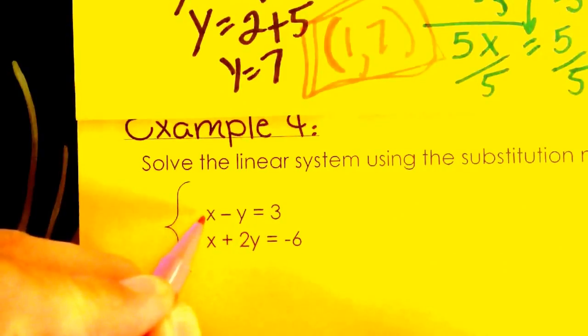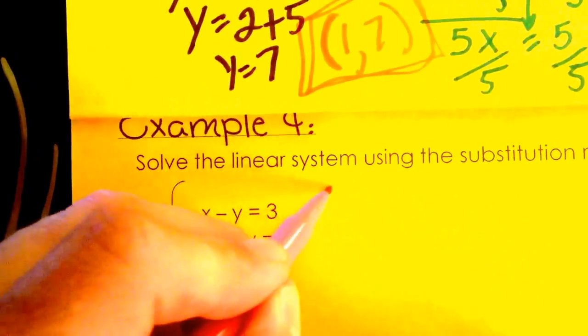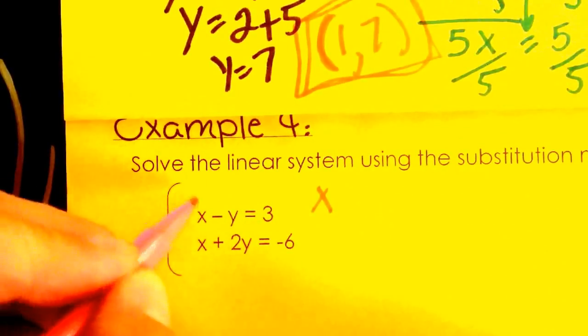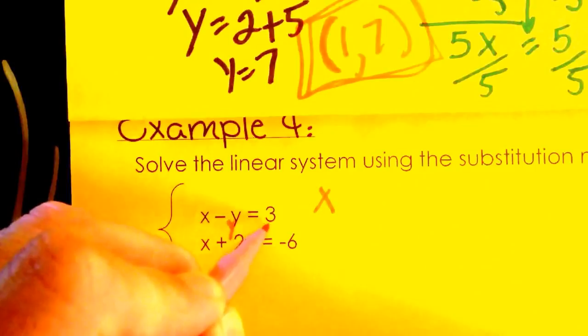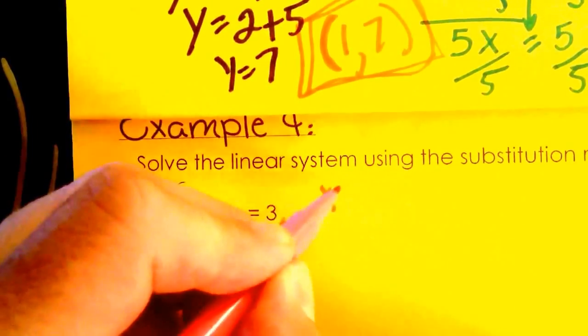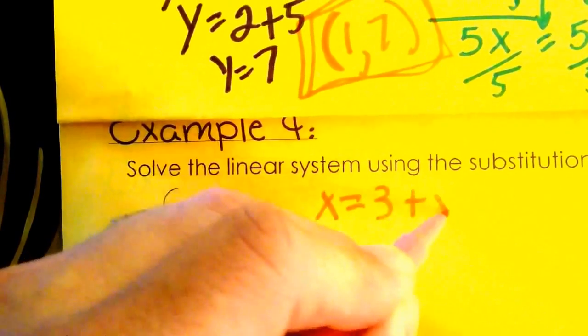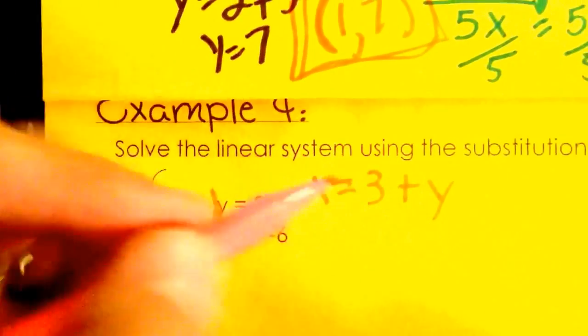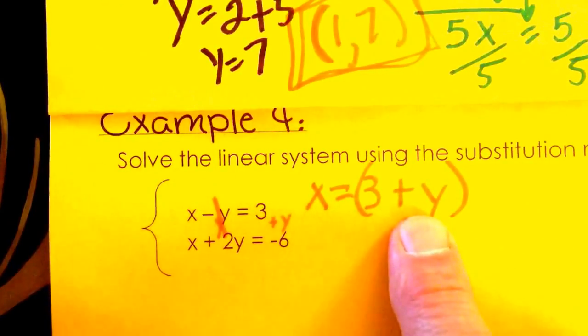This x is positive, minus y. I would solve for x here by adding y to both sides, plus y. It's going to give us x equals 3 plus y. So here's our quantity that we found for x.